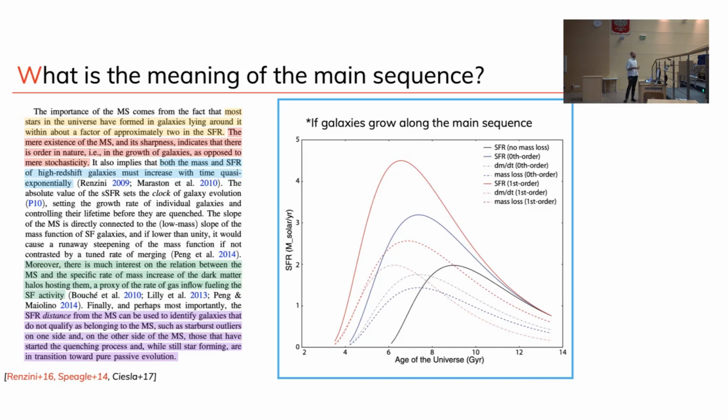One very common assumption is a delayed exponential, or an exponential decline in star formation history, which basically assumes some burst at some point and then an exponential decline. And actually, the exponential decline is consistent with what we would expect from integrating the growth of galaxies along the main sequence.